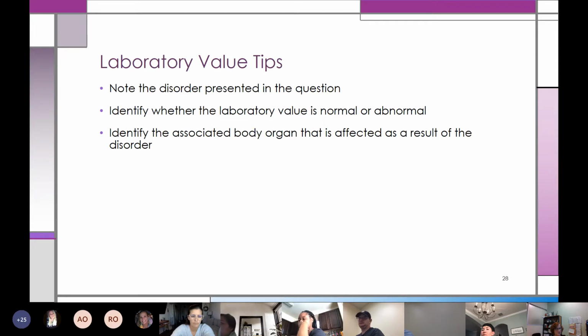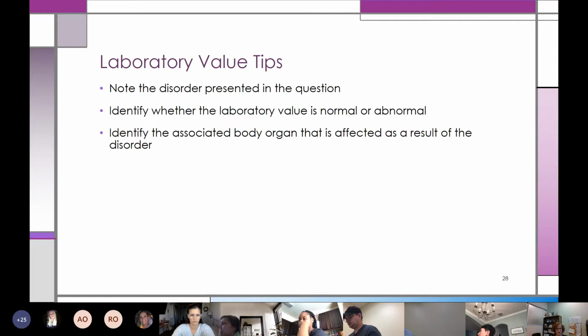And so you need to know that, because then you need to know, okay, well, what lab value would I be looking at if a patient has cholelithiasis? Then you have to determine if it's normal or abnormal. And of course, what are the body organs that are associated or affected by the particular disease?